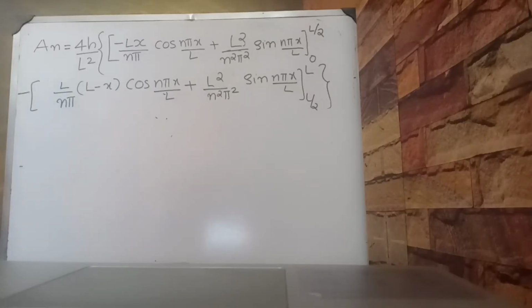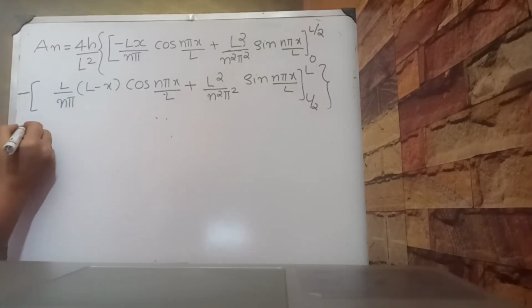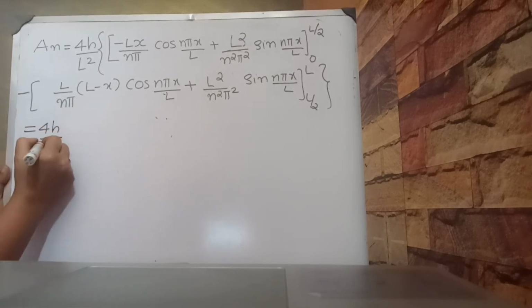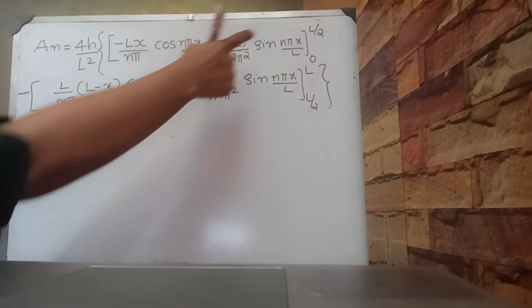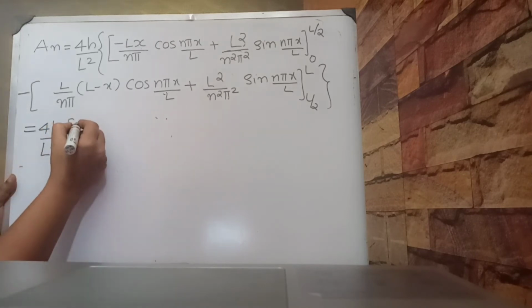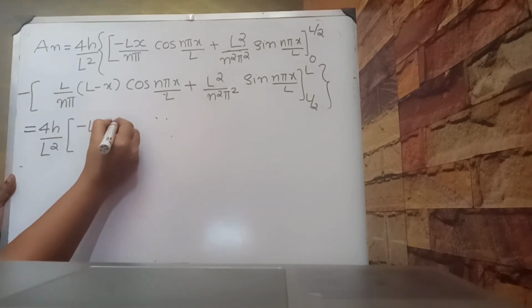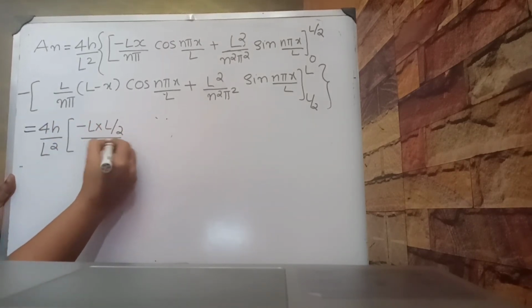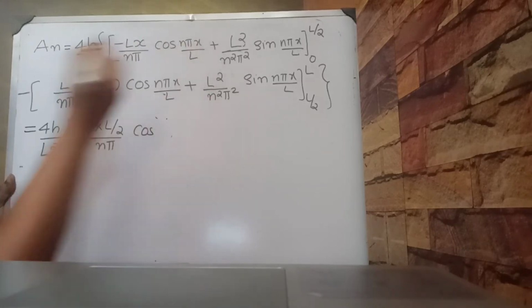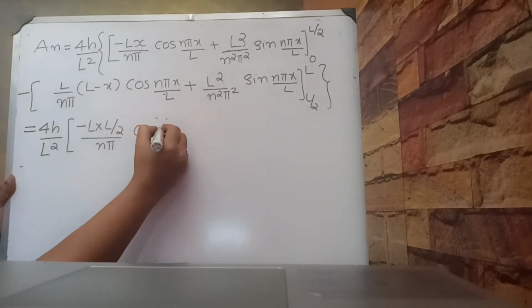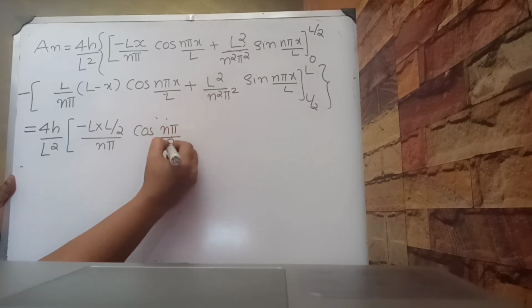Now we can apply the limit. So we have 4h by L square into, first we have to put L by 2. So minus L into L by 2 by n pi into cos, when x equal to L by 2 we have cos n pi by 2.